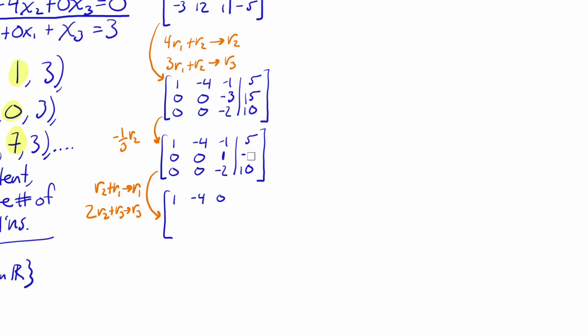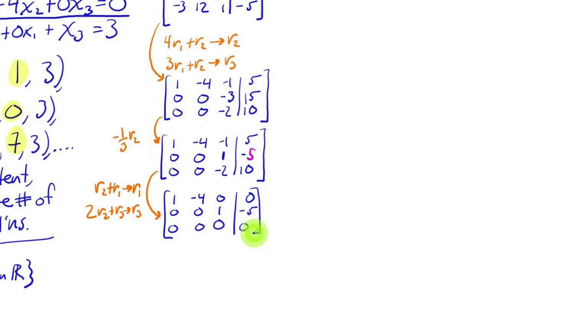Oops. This was supposed to be a 5 here. Row 3 becomes 2 times 1 plus negative 2 is 0. 2 times negative 5 plus 10 is also 0. So, hey, look, we are now in reduced row echelon form.